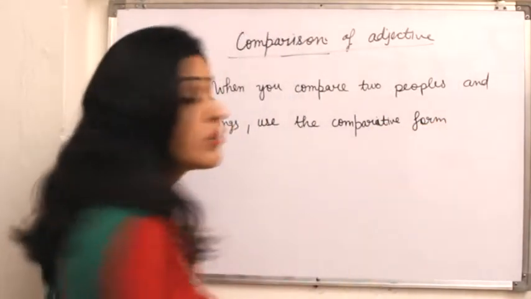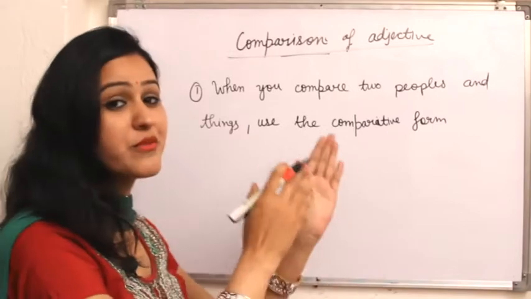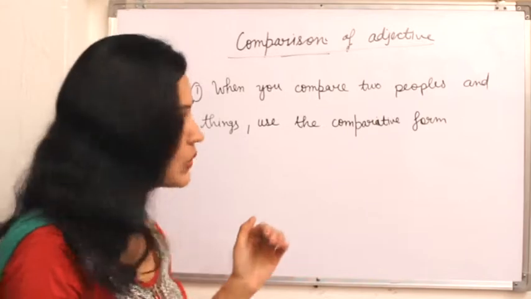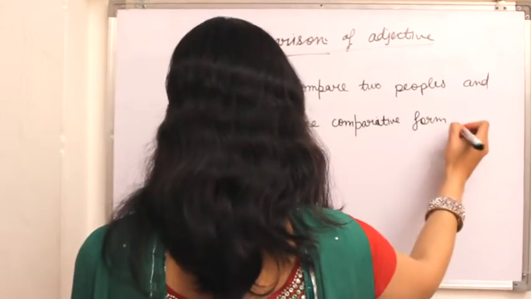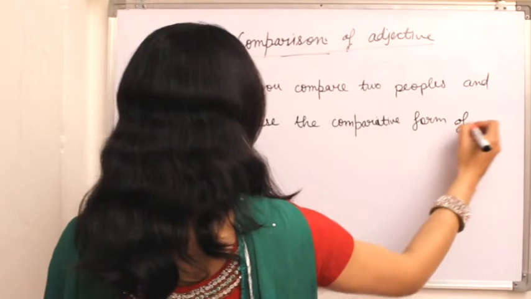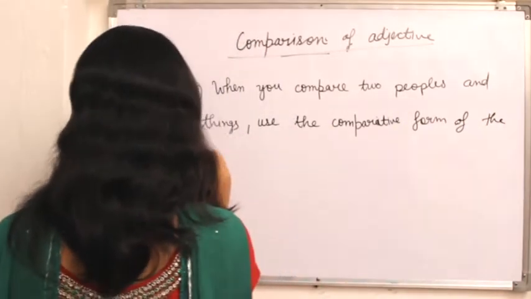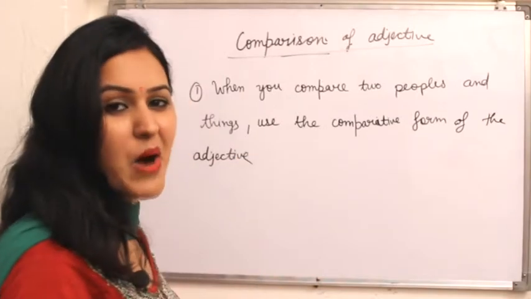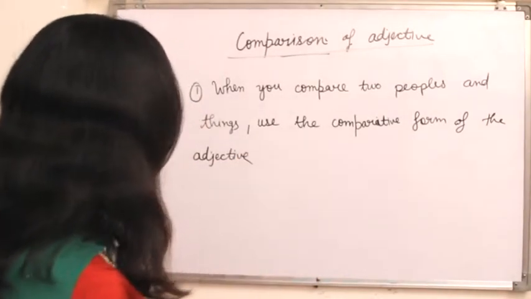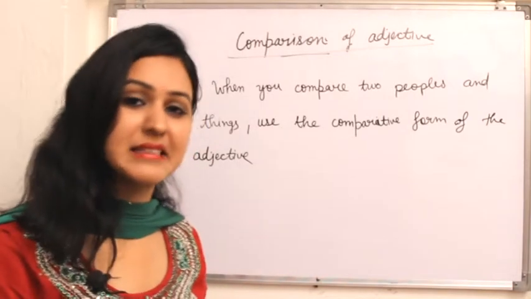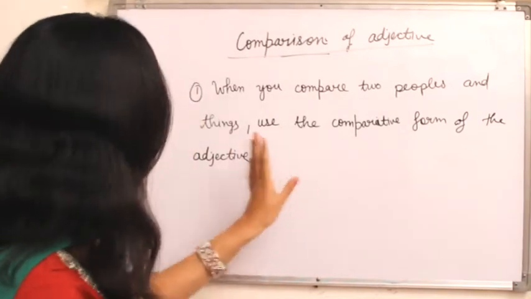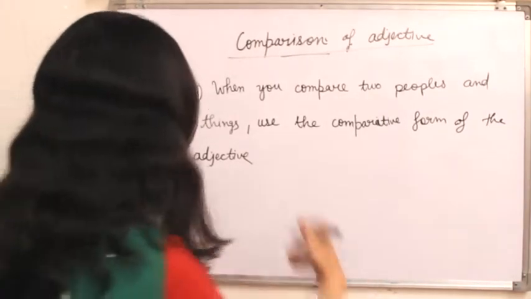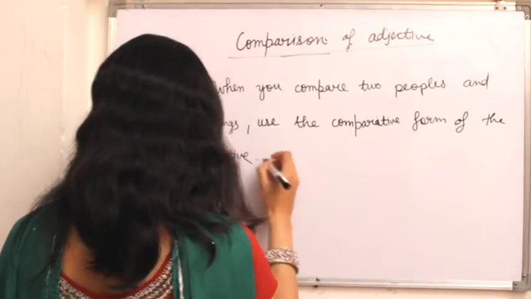Okay, so now you just have to use the comparative form to compare two people and things. Clear that? So when you compare two people and things, it means that use the comparative form of the adjective.